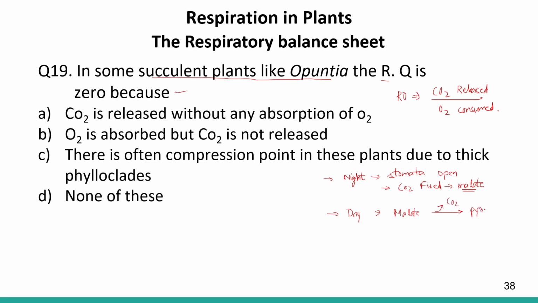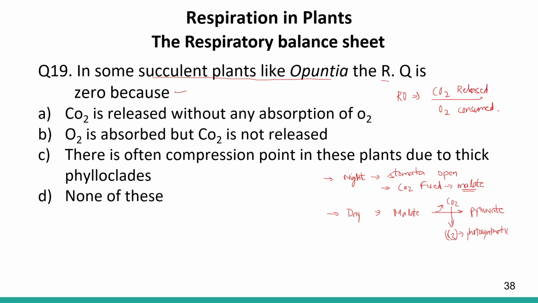Here you can say pyruvate is formed by the decarboxylation of malate during the daytime, and this carbon dioxide can again enter the C3 cycle, or it is used in the photosynthetic process for the generation of carbohydrate. So there is no release of carbon dioxide.